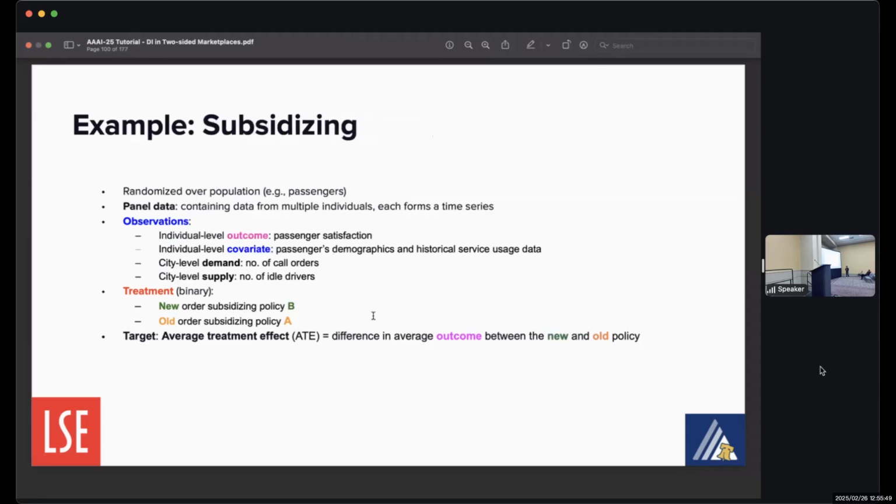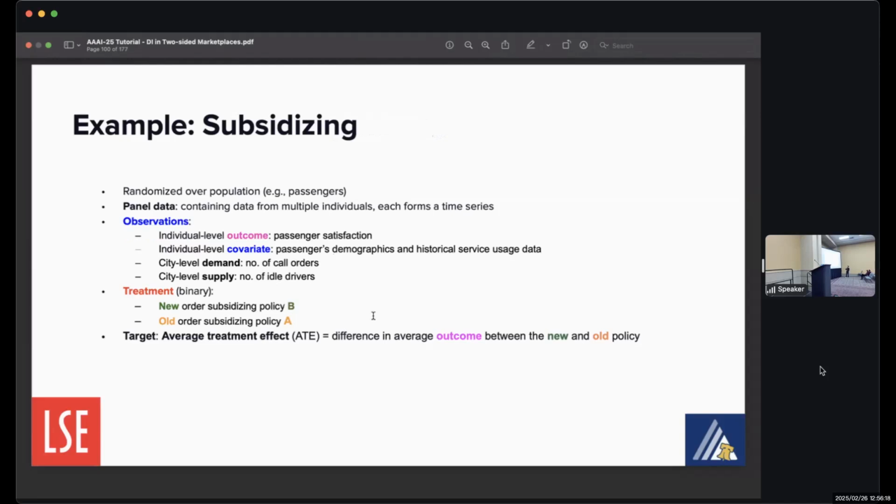For subsidizing, it's very similar. The only difference is that now the randomization is conducted over the population. Some passengers will receive one subsidizing policy, but the rest of the passengers will receive another subsidizing policy. Because of that, the data that we collected contain observations from multiple individuals, and each passenger's data forms a time series.